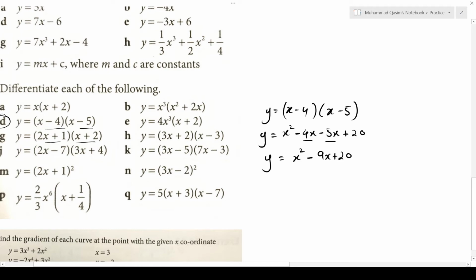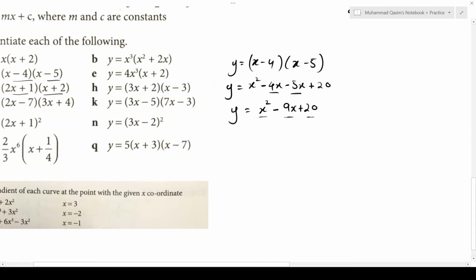If you look carefully, each of these terms is getting into the shape ax to the power n. Now I'm going to apply the derivative to each of these terms separately. So dy by dx is going to be equal to 2 times 1 is 2, and the x power will be reduced down to 1, which there is no need to write down.